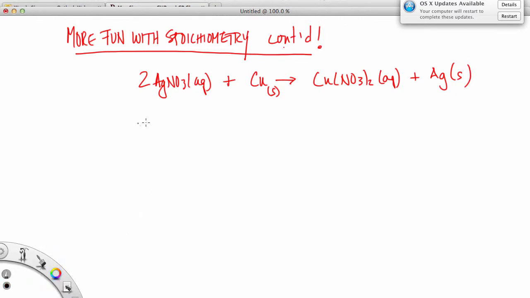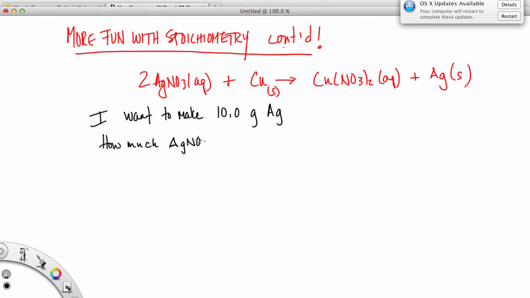This time, I want to make 10 grams of silver. I want to make 10 grams of pretty silver crystals so I can take home and show mom and dad. How much silver nitrate do I need?